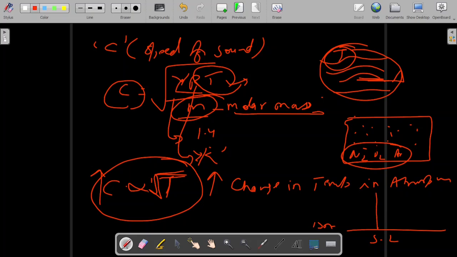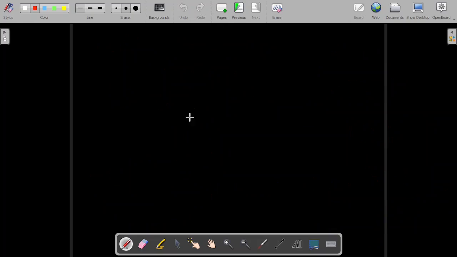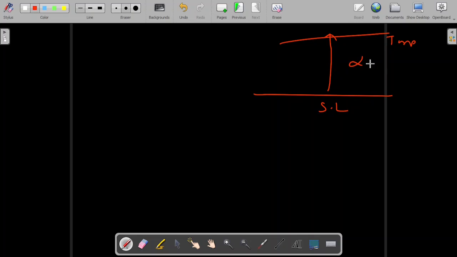As we go up till 11 kilometers, like till the end of the troposphere, temperature reduces at the rate of minus 6.5 degrees centigrade per kilometer. I'll take another page. So as we go up, this is sea level, and as we are going up through the troposphere, the lapse rate, we call it alpha, is minus 6.5. Okay, I'll write 6.5 degrees centigrade per kilometer.